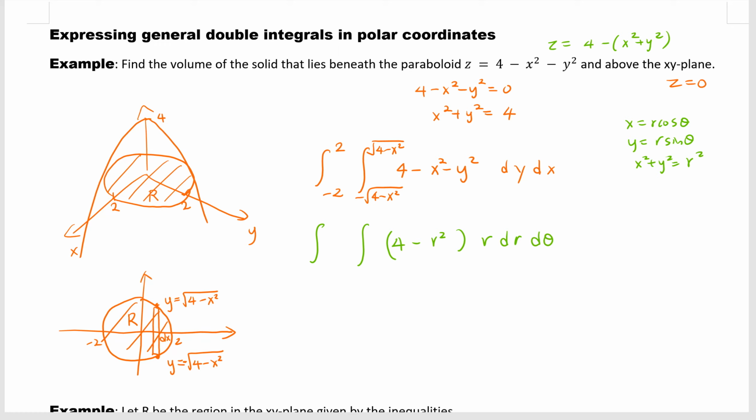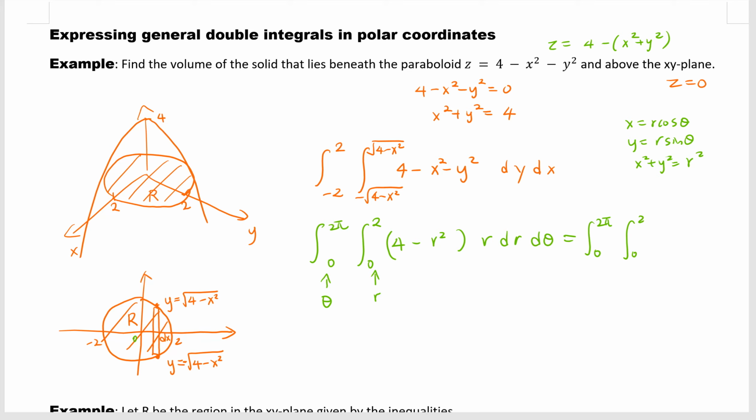Then what is our r? Our r goes from 0 to 2, right? R goes from 0 to 2, and our theta goes from 0 to 2 pi. See? Now I don't need to deal with the crazy square roots. My boundaries are just constants. So it's much easier to integrate in this case. So let's evaluate this integral.